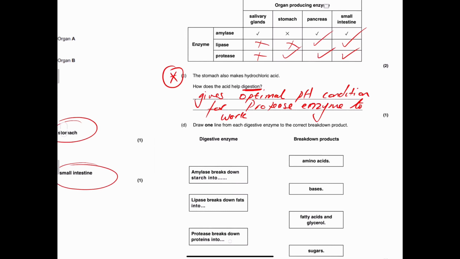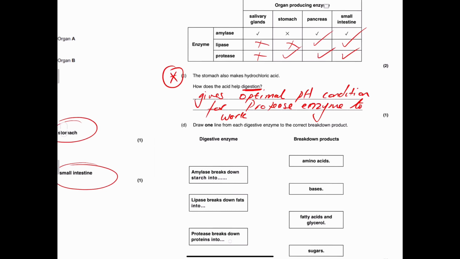Now, I included this question here because I wanted you to just see how questions can come about. Now, your examiner in the mark scheme is saying ignore any reference to killing of harmful bacteria. Now, the reason is because in the question itself, they are looking for digestion, i.e. the breaking down of large food molecules into smaller food molecules.